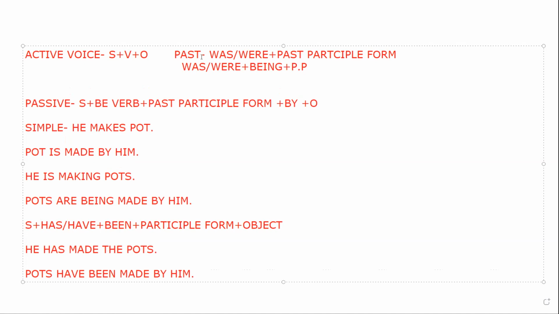Past perfect also same, but in past tense singular and plural, we have to put only had. So had will come and you have to put the past participle form. So future tense also same, just you have to put will or shall, whatever comes in the question.